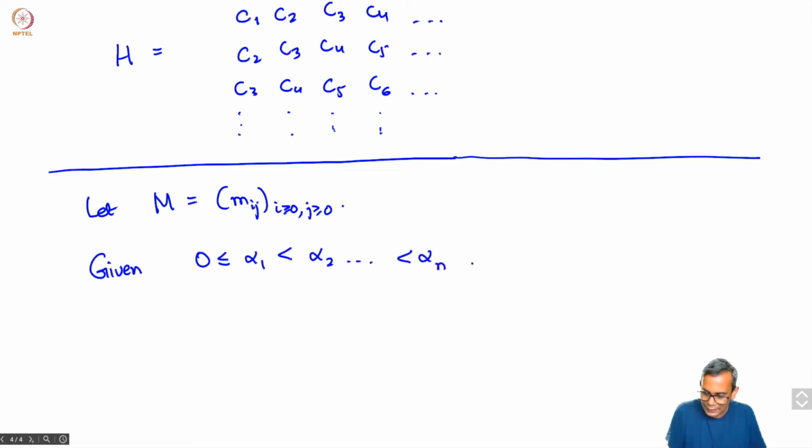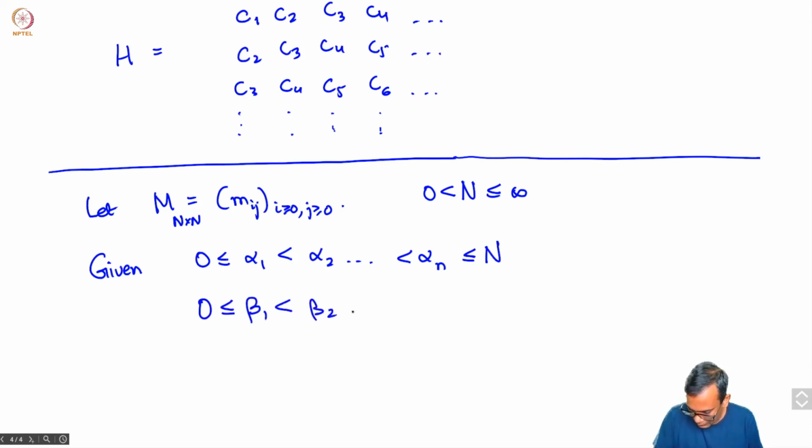You could also take a finite array, in which case, let's write it like this: an n by n array where we allow n to be infinity. So let's assume the array has at least one entry. So you take a finite set of integers alpha_1, alpha_2, ..., alpha_n, and another finite set of integers beta_1, beta_2, ..., beta_n.